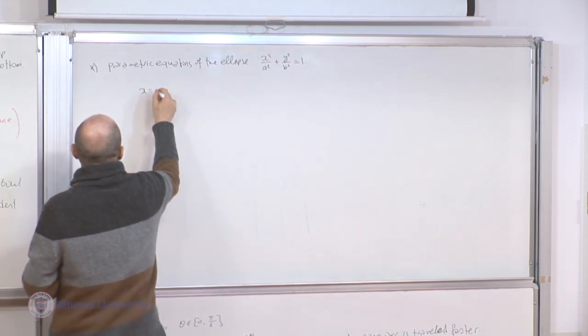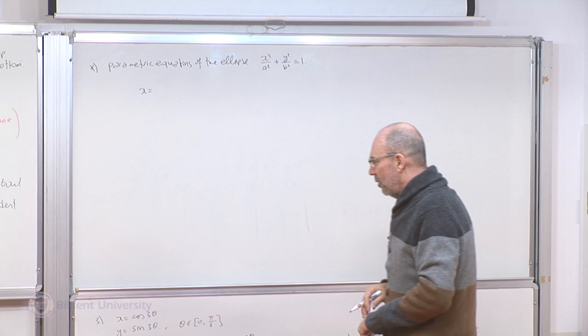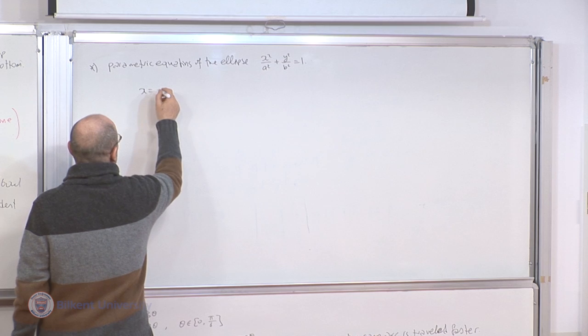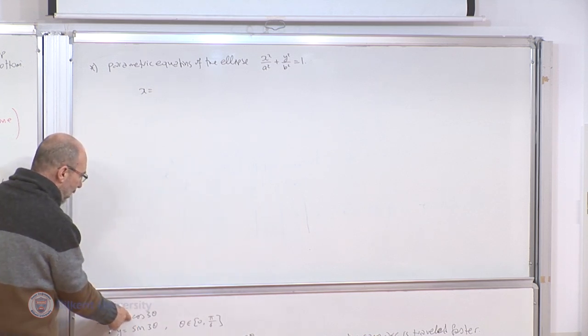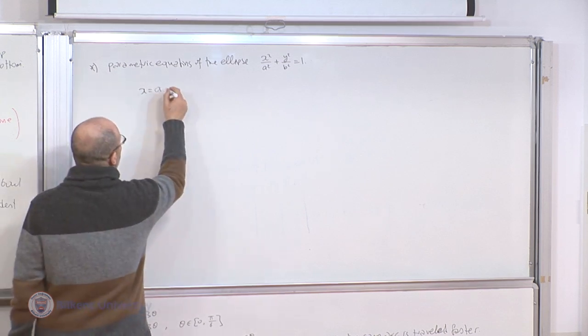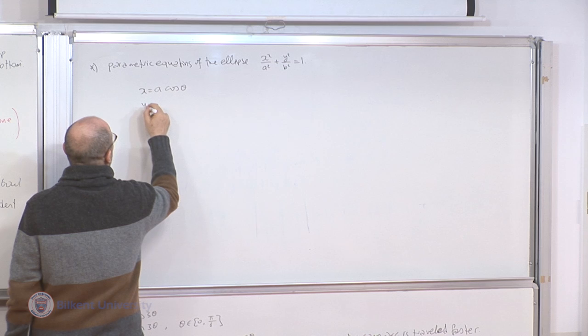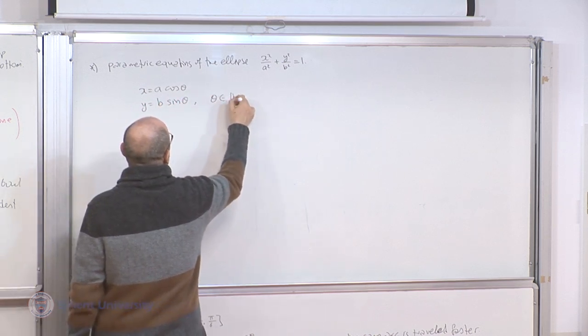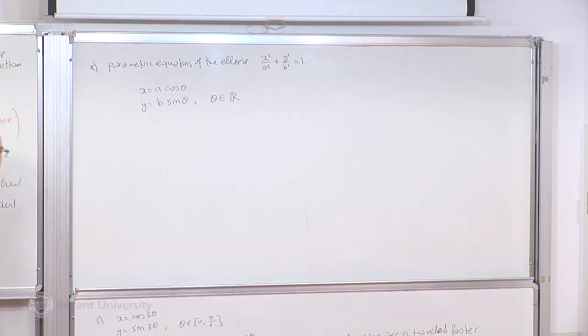We mimic what we did with the circle. This was the unit circle, and if it's not the unit circle, I will put r here, the radius. Here I put x equals a cosine theta, y equals b sine theta, and theta is free. So you can turn around this ellipse infinitely many times, or if you just want some part of it, then you have to restrict theta so that it starts from one part and goes to the other part.